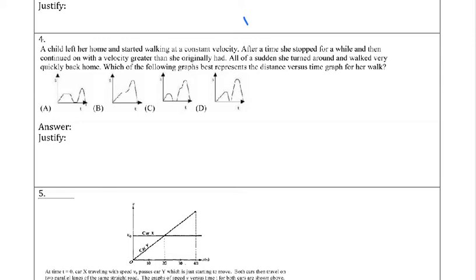So we know that she walked first at a constant velocity. First of all, we're talking about a distance time graph. So if she's first walking at a constant velocity, that means a constant slope.